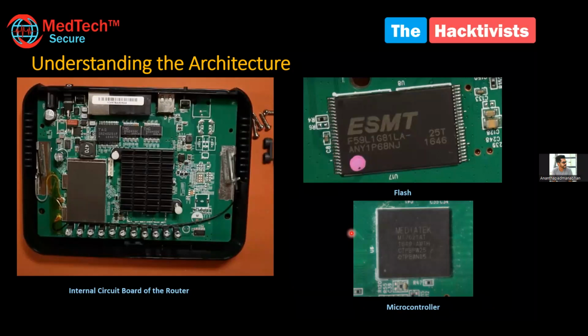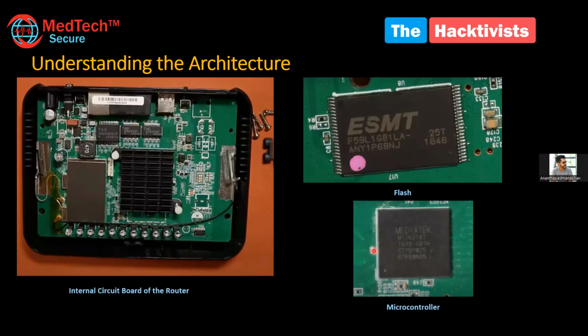There is another device called JTAGulator. Nowadays there are multiple devices coming up in the market, but this JTAGulator is kind of an open source device. Just imagine you got this microcontroller and it has various pins, and you don't have the data sheet either, so you need to find out what each pin is.